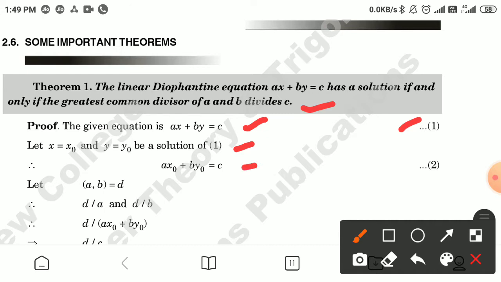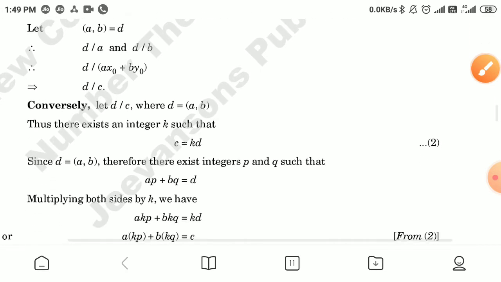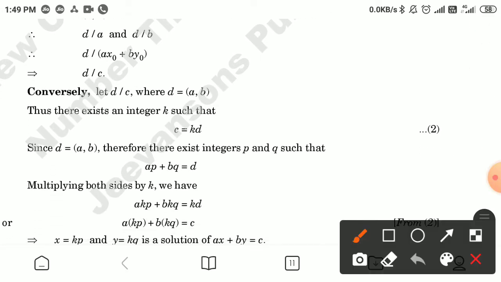Therefore, we can write ax naught plus by naught equal to c, marking this as number 2. Let the greatest common divisor of a and b be d. Therefore, d divides a and d divides b, and therefore d also divides ax naught plus by naught. And this implies d divides c.